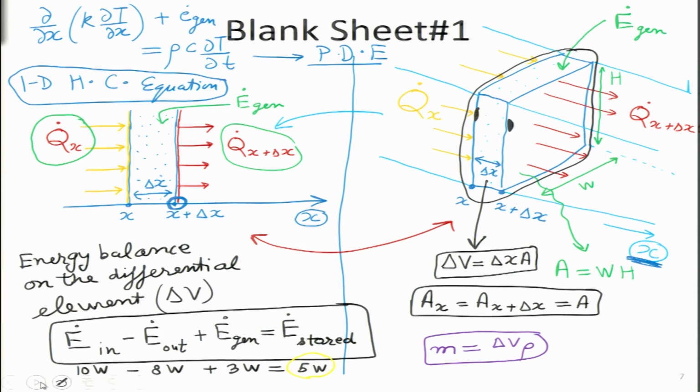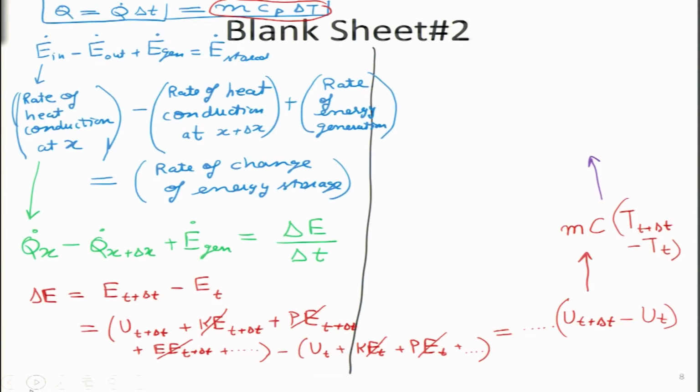So, m I will replace by this particular relationship, which is rho dV. So, let me go over here and express it as rho dV, and C I will retain like that, and then I write T at t plus delta t minus T at t. One more thing I can do is I can convert dV into A dx.